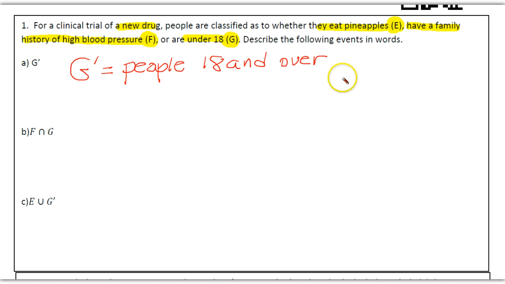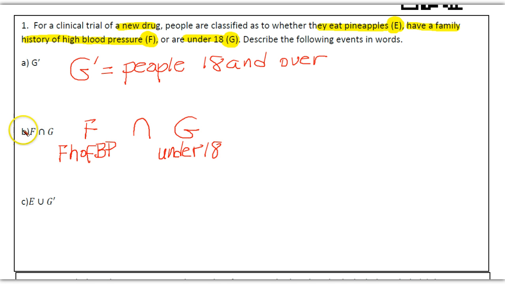And perhaps something like this: G complement, people 18 and over.